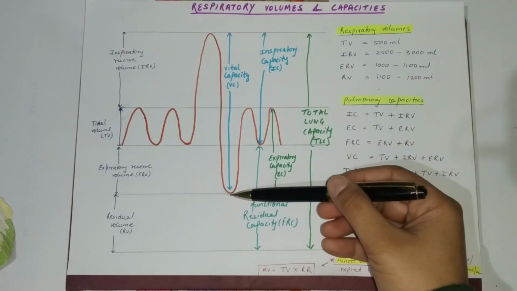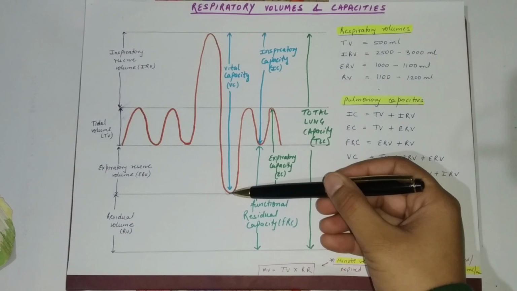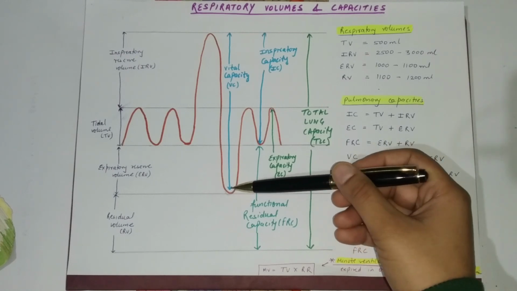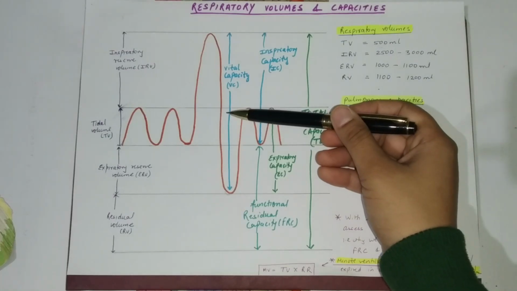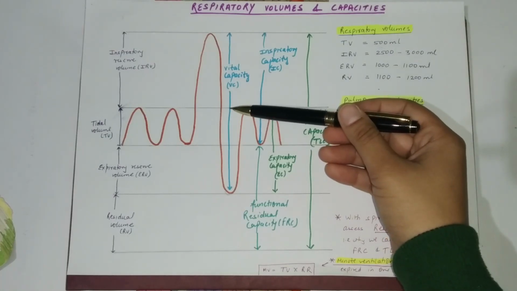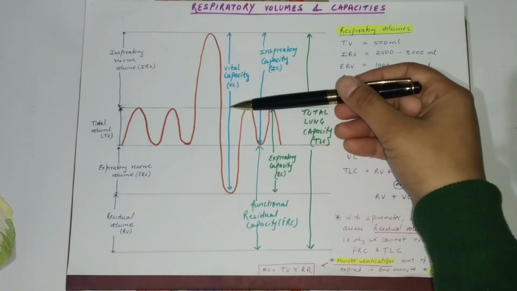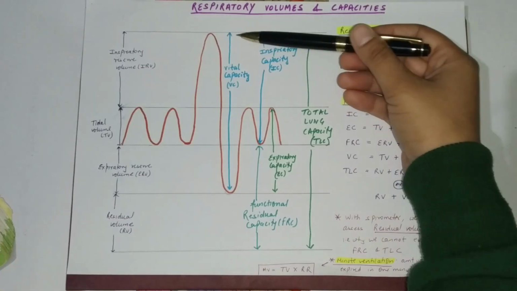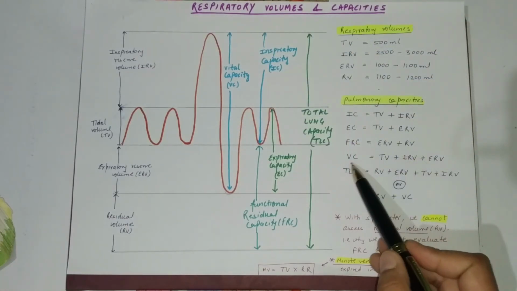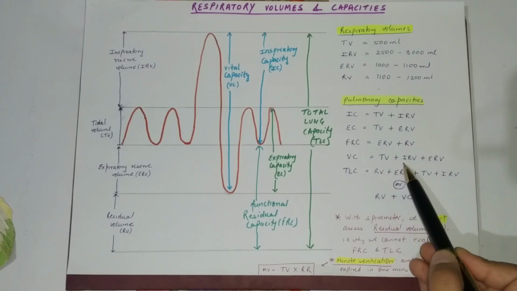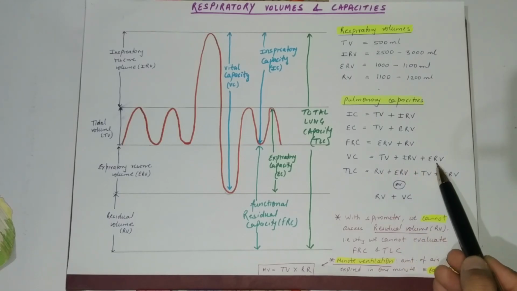So after a forceful expiration, when a person starts inspiring, he will inhale first of all the expiratory reserve volume, then the tidal volume, and when the person applies force, he will inhale the inspiratory reserve volume. So these three volumes comprise the vital capacity. So vital capacity is tidal volume plus inspiratory reserve volume plus expiratory reserve volume.